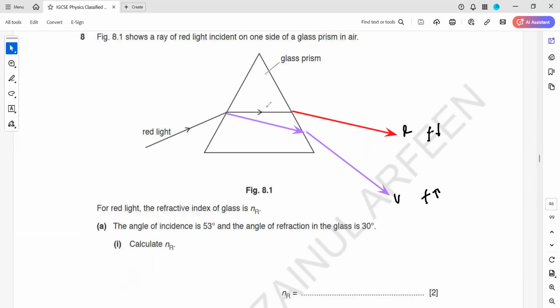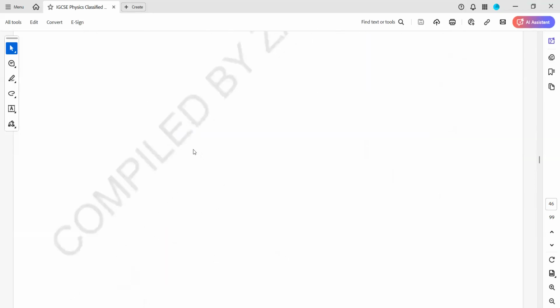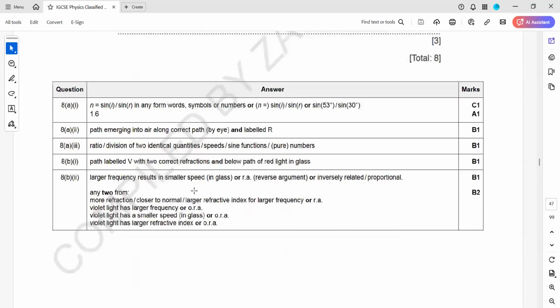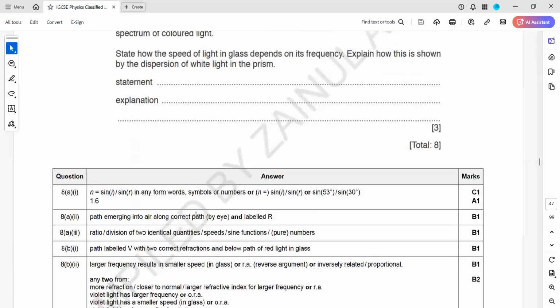So we can say the change in speed for violet will be greater as compared to red, which will have a smaller change in speed. This is a very important point to relate them. As you can see here, the larger the frequency, the smaller the speed, and it will refract more.